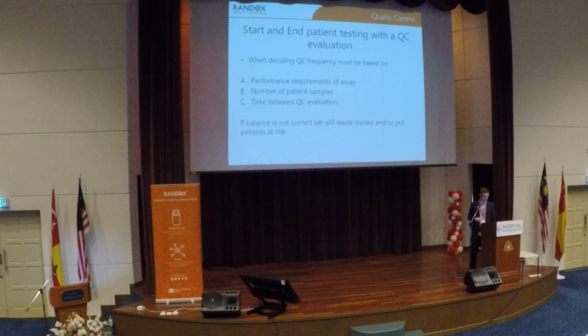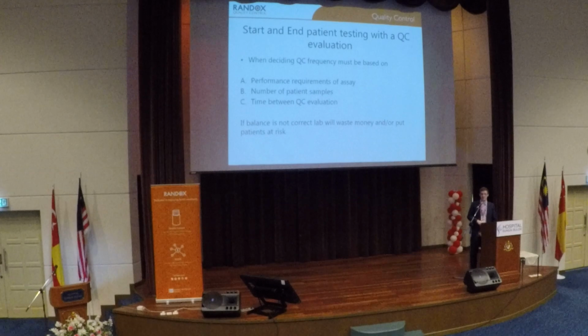So when deciding QC frequency, the QC frequency must be based on the performance requirements of an assay, the number of patient samples, and the time between QC evaluations. This is what's termed taking a holistic approach to QC management, so considering a lot of different factors before we say, okay, we're going to run QC 3 times per day, we're going to run QC 1 time per day, we're going to run QC 5 times per day.